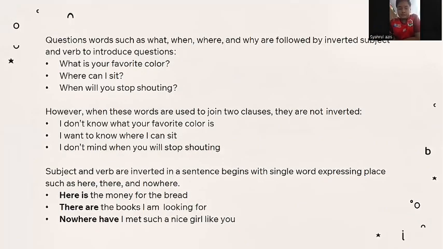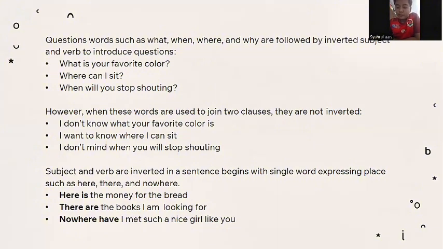Next, question words such as what, when, where, and why are followed by inverted subject and verb to introduce a question. What is your favorite color? Where can I see it? When will you stop shooting?